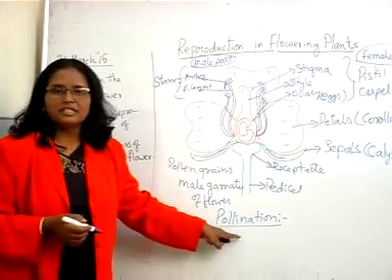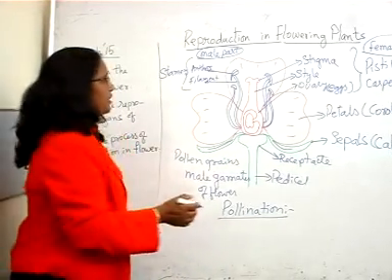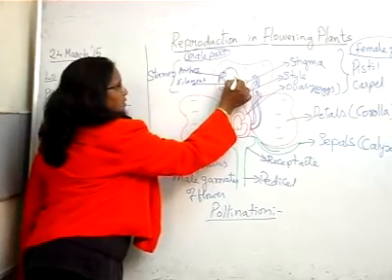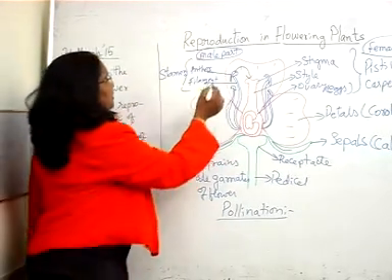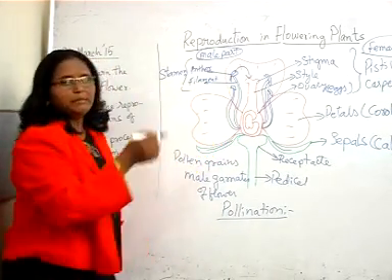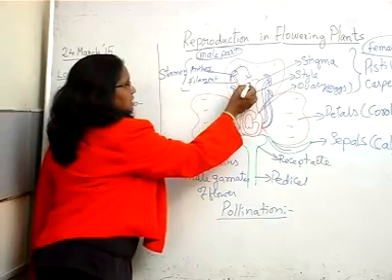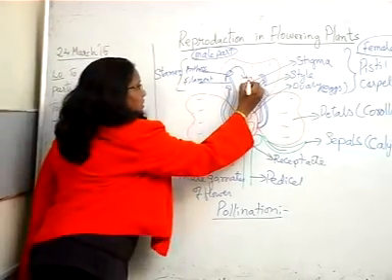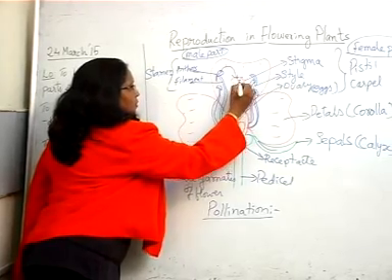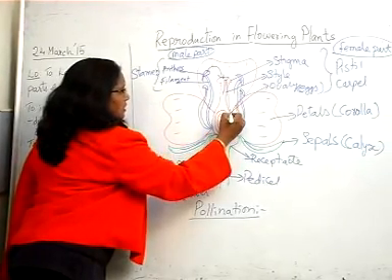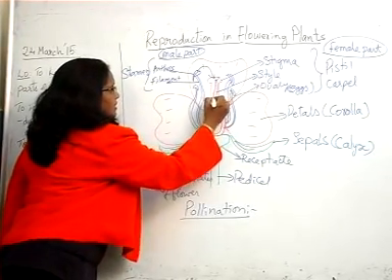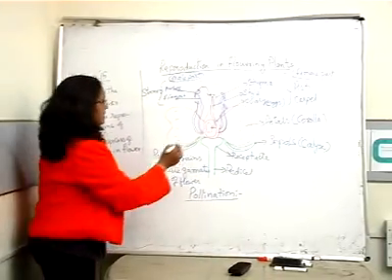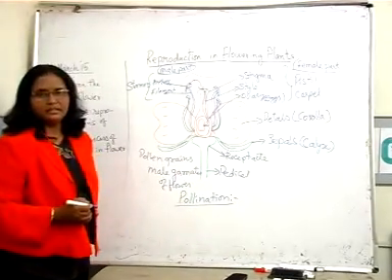Pollination is the process in which the pollen is transferred to the stigma. The pollen from the male part is transferred to the stigma, and there this pollen will grow into a tube-like structure and enter into the ovary through the micropyle.